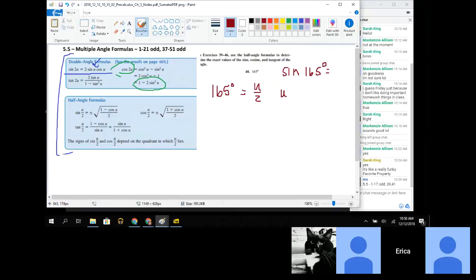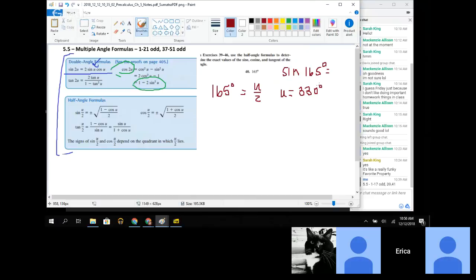So that means that u actually equals 330 degrees. And that's a good thing because 165 degrees is not on my unit circle, but 330 degrees is on my unit circle.